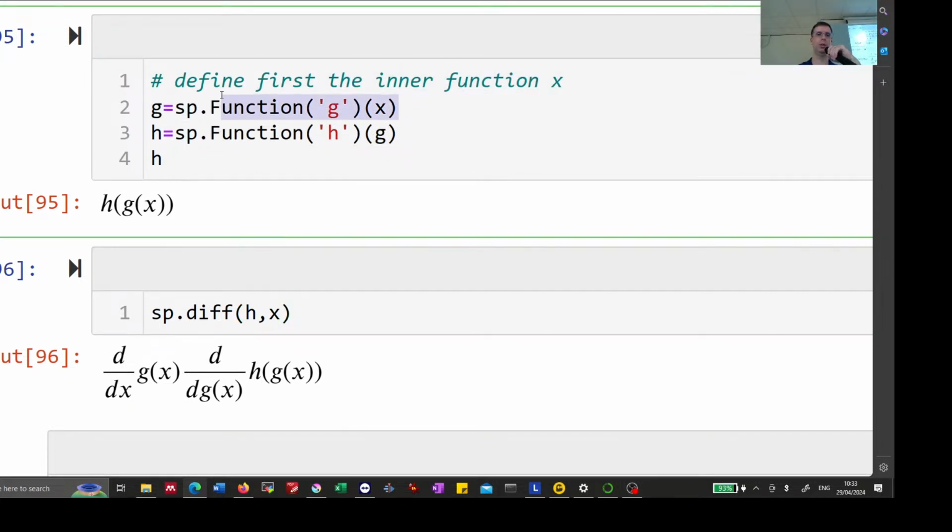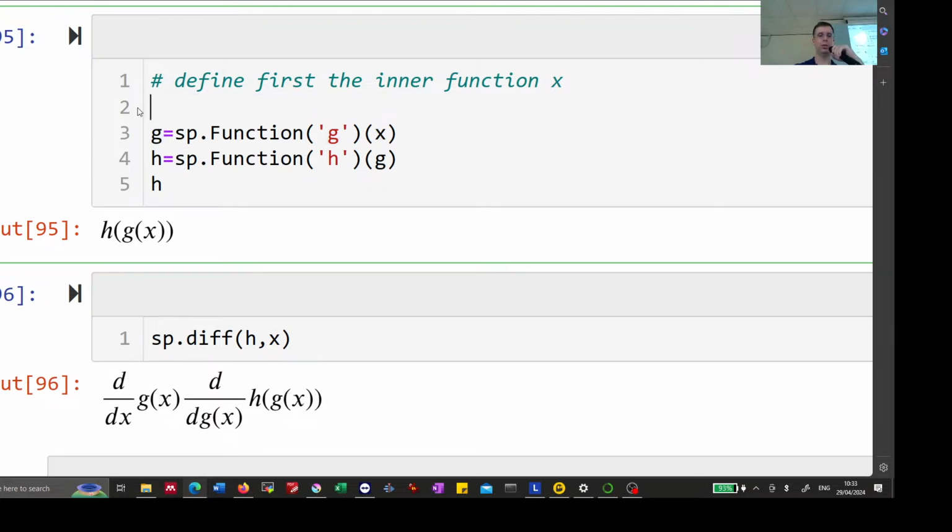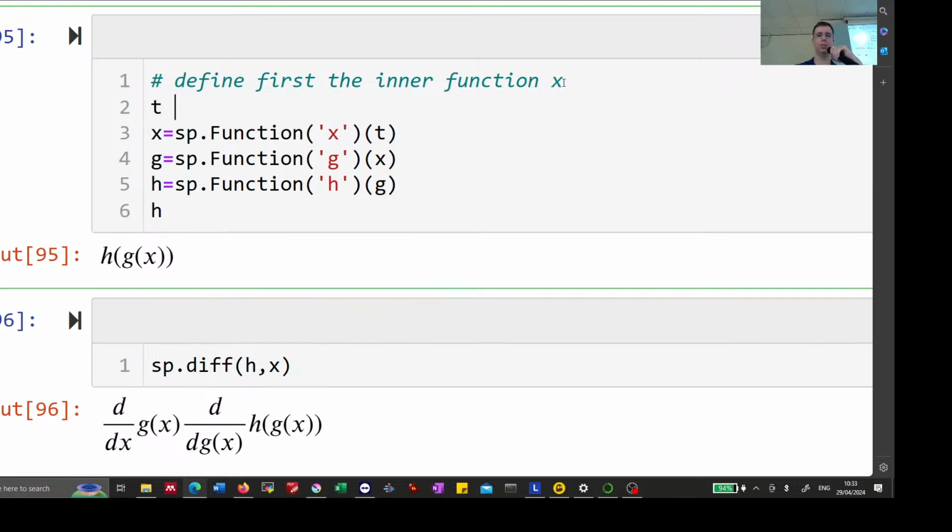How about we test this a little bit more, right? Just for fun. So when we have here x is now a function that depends on t. And t is a symbol. Still correct.